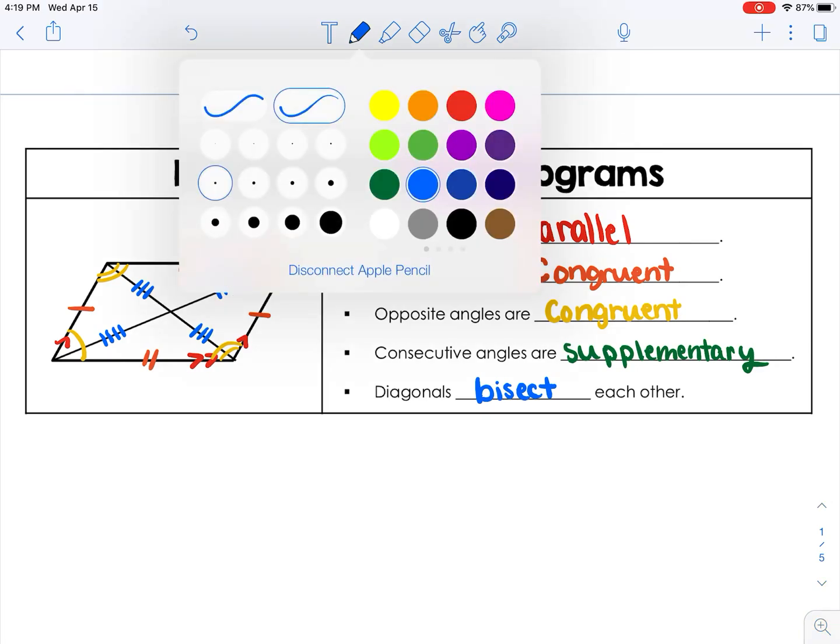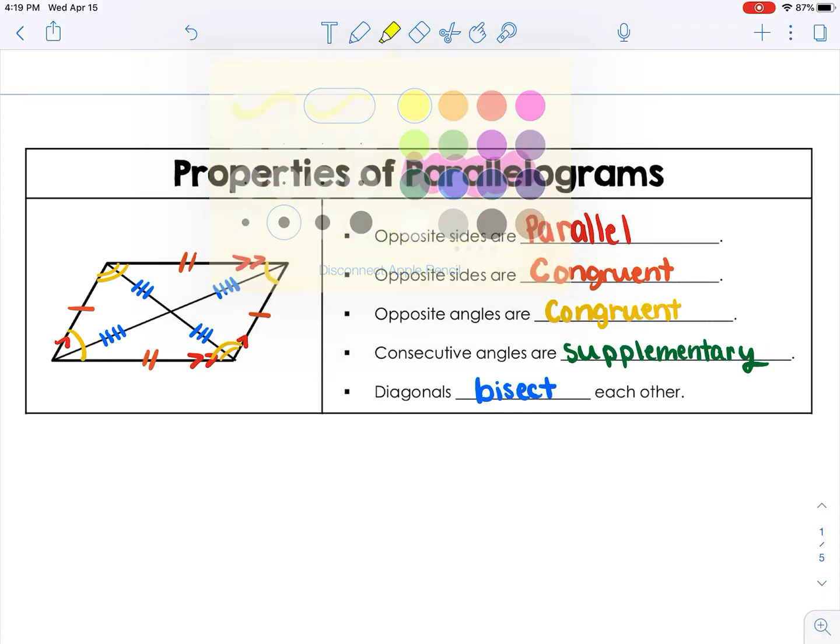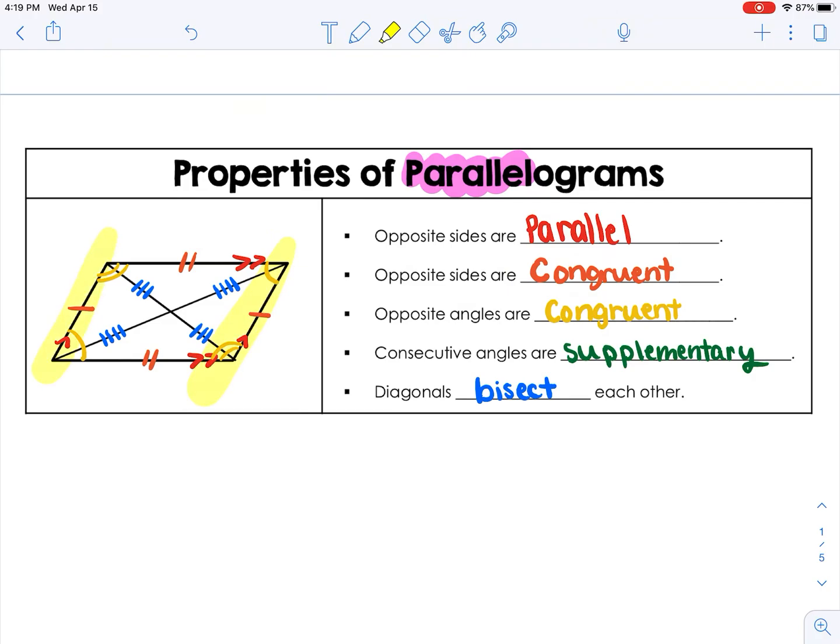Now, one thing that I want you to notice is that whenever you have parallel lines cut by a transversal, so here is our parallel lines cut by a transversal, we will make a pair of alternate interior angles that are congruent.